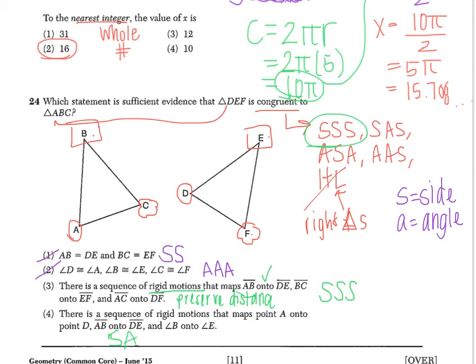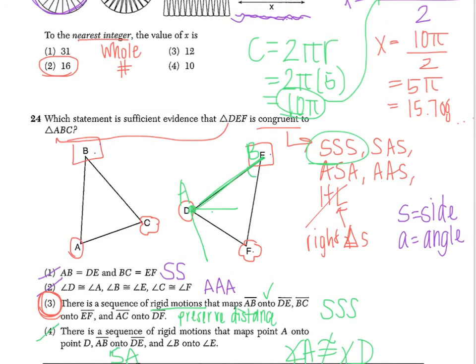Here I have just SA, and this is because angle A doesn't necessarily have to be congruent to angle D. All they said was that A maps onto D. So sure, A now comes here, and AB is congruent to DE, so B definitely comes here, such that it's congruent to E. But angle A could be very wide or very small, not necessarily the measurement of angle D. So 4 cannot be our choice, which means we end up with choice 3.